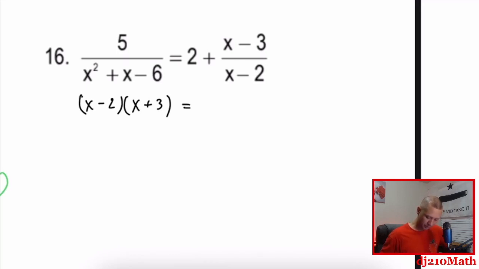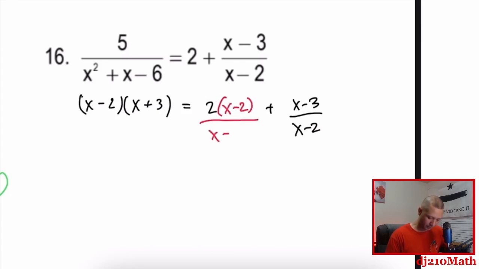Okay, this is going to be 2 plus x minus 3, x minus 2. So I'm going to have to get a common denominator on the right.